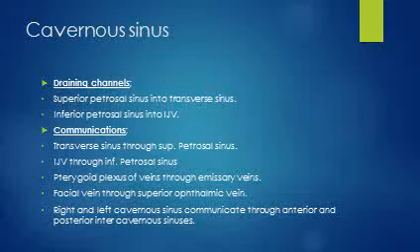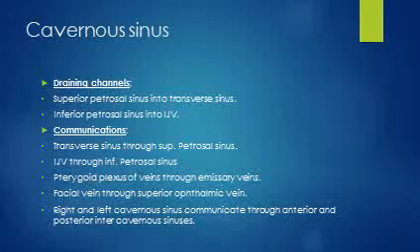A few communications of the cavernous sinus are very important, as infection from these areas through these communications may reach the cavernous sinus. The transverse sinus through the superior petrosal sinus, and it communicates directly with the internal jugular vein through the inferior petrosal sinus.